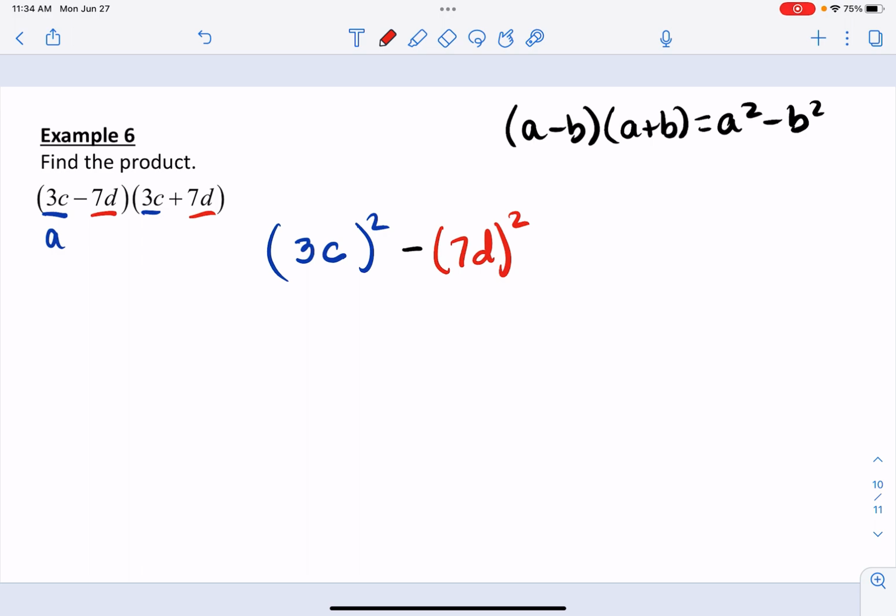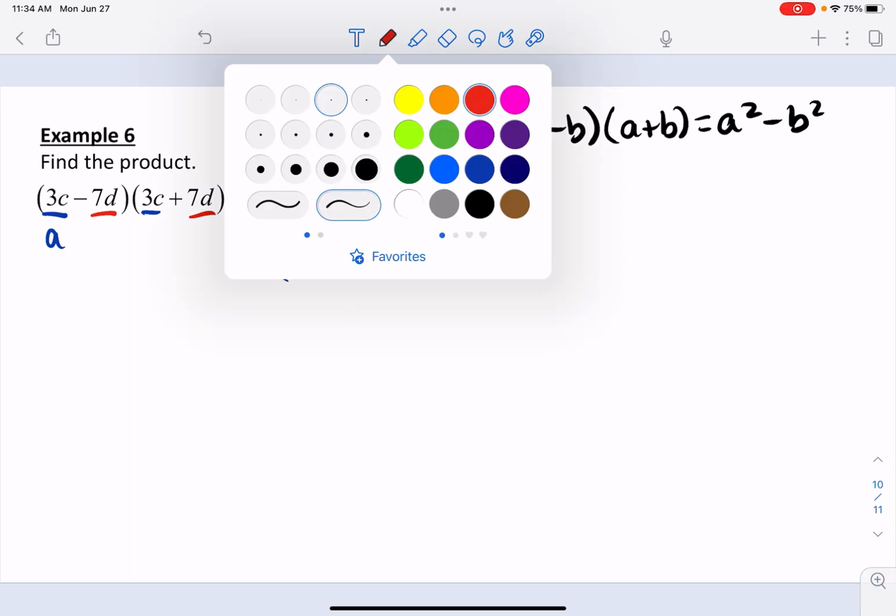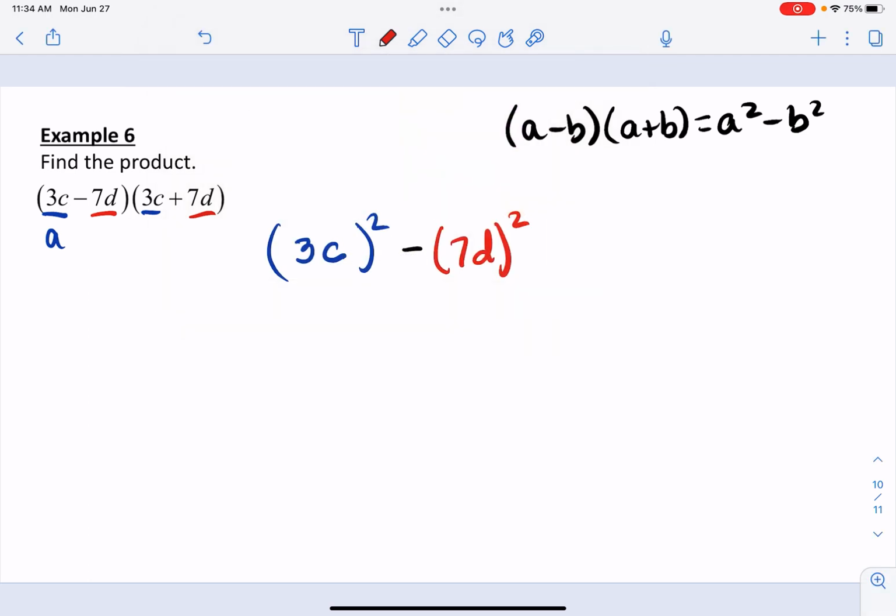And then from here we simplify. So 3 squared is 9, C squared, 7 squared is 49, and we have a D squared there. Okay, that was my video on special products.